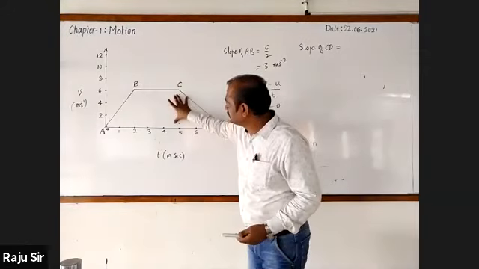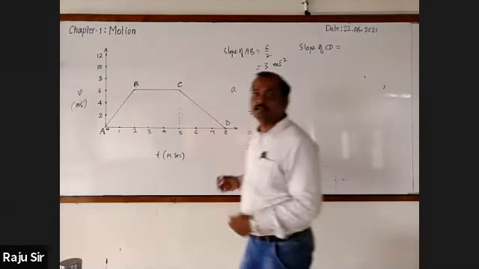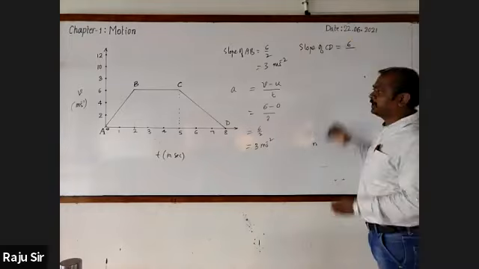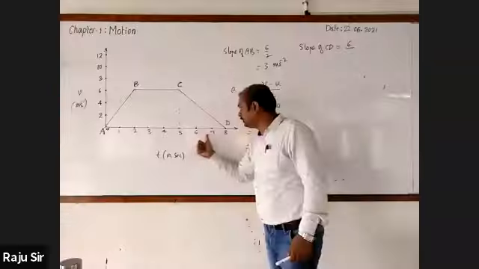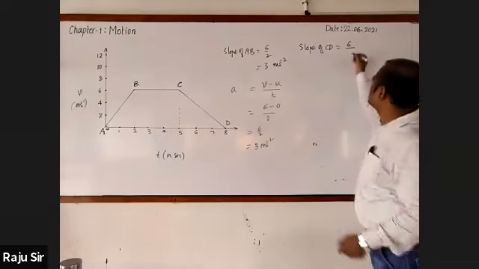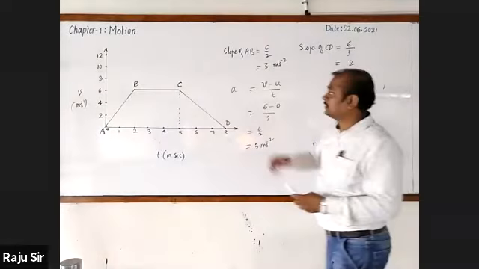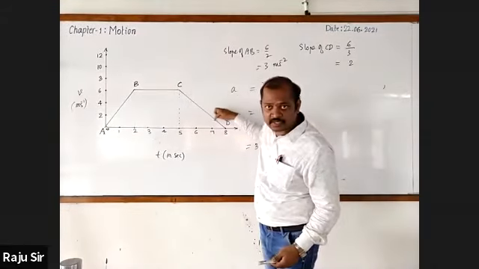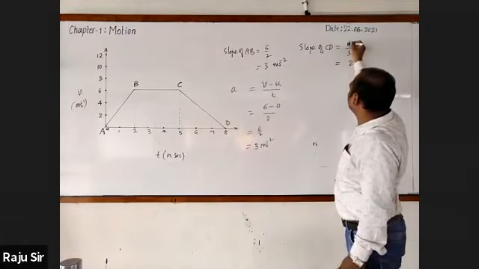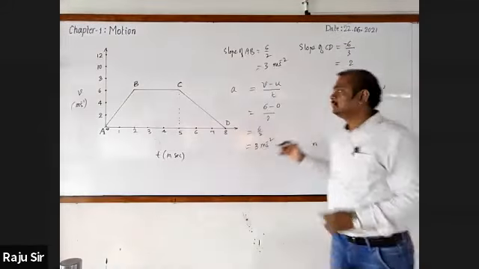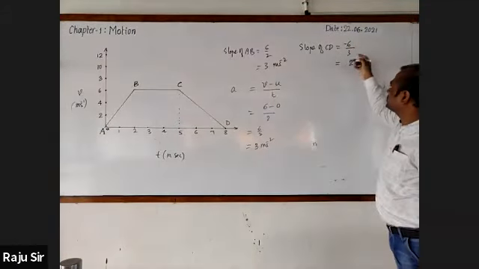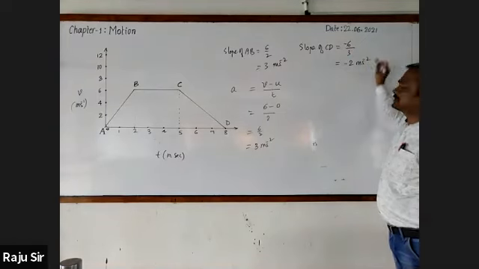Vertical distance, this is 6 units by horizontal distance from here to here, 1 unit, 2 unit, and 3 units. 6 by 3, it is 2. Whereas here the body is decelerating. Decreasing, hence we will go for taking negative velocity. Then 6 by 3, it is minus 2 meter per second square.